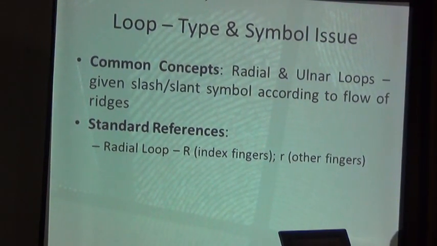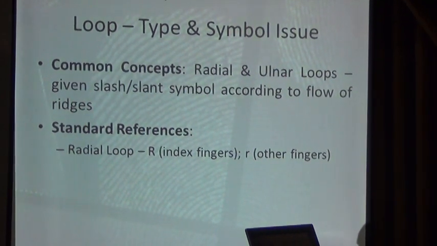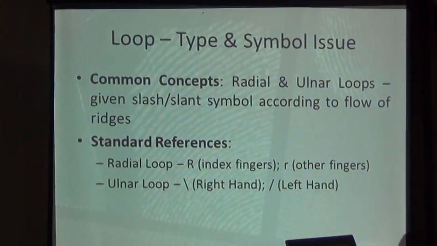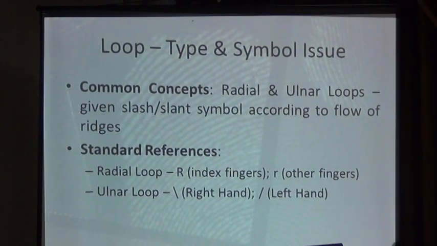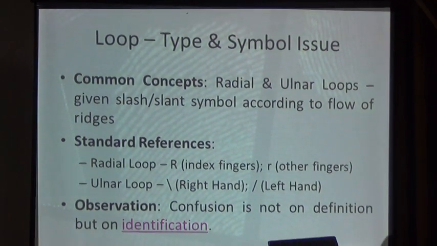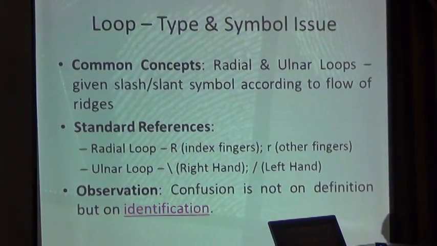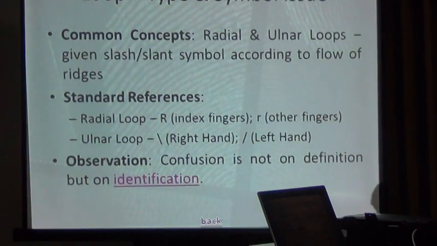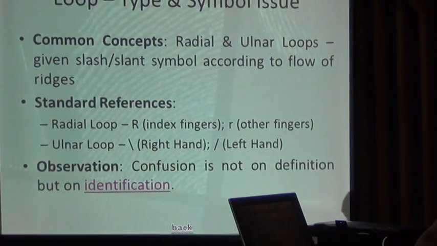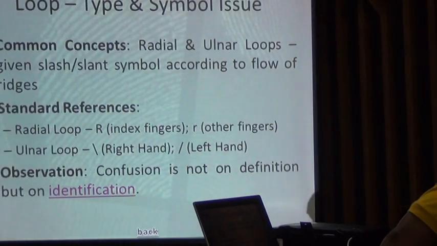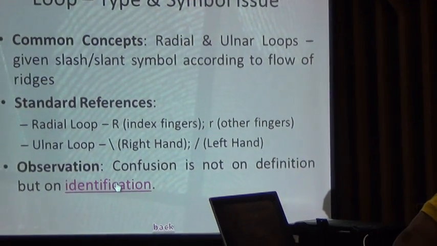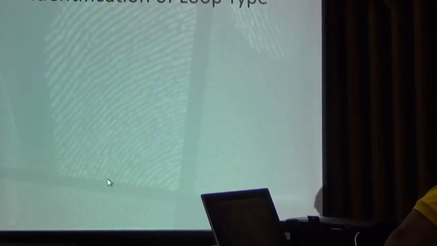Radial loop: capital letter R in index figures, small letter r in other figures, whereas it is only the ulnar loop which is given the slant. Actually, there is not much problem with that. But what I saw as a problem among students is the identification of the pattern itself. So let us first consider that topic, identification of whether it is a radial or ulnar loop.